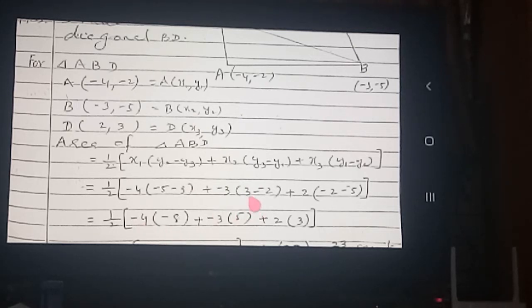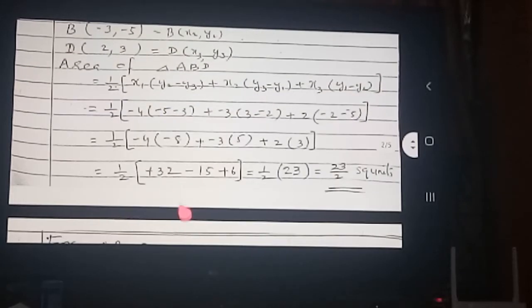And here 3 plus 2. 2 minus 2 together came now, so plus 2. 3 plus 2 how much coming? 5. 5 into minus 3, minus 15. Minus 2 plus 5, so what will come? 3. 3 into 2, 6. See here, 32 minus 15 plus 6. So what are you getting? 23 by 2. Half of 23 means 23 by 2.